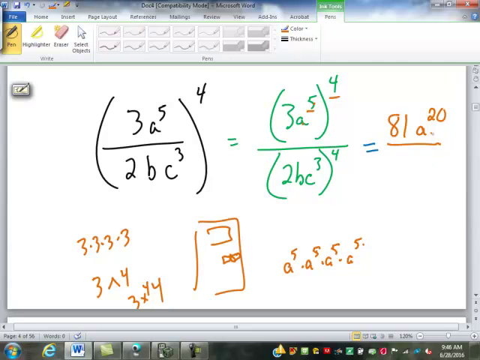Okay. On bottom now, we've got 2bc to the 3rd, all to the 4th power. What happens to the 2? Well, 2 to the 4th power, yeah. 2 times 2 times 2 times 2 is 16. Yep, think of this as b to the 1, so 1 times 4 is 4, so b to the 4th.